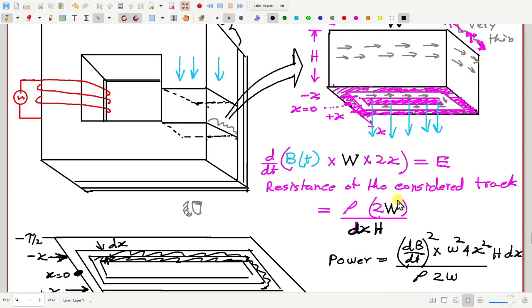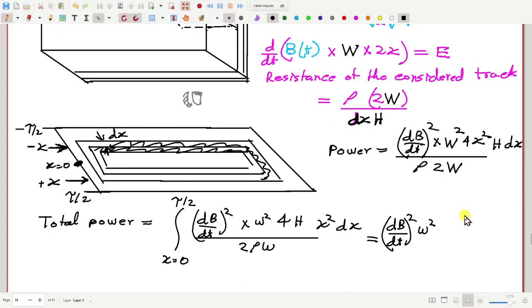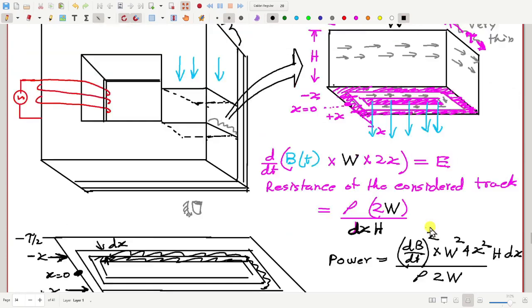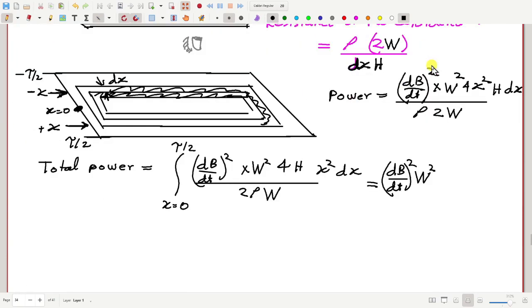Here, w is for width, the width shown here. Extremely sorry, everywhere this is w.